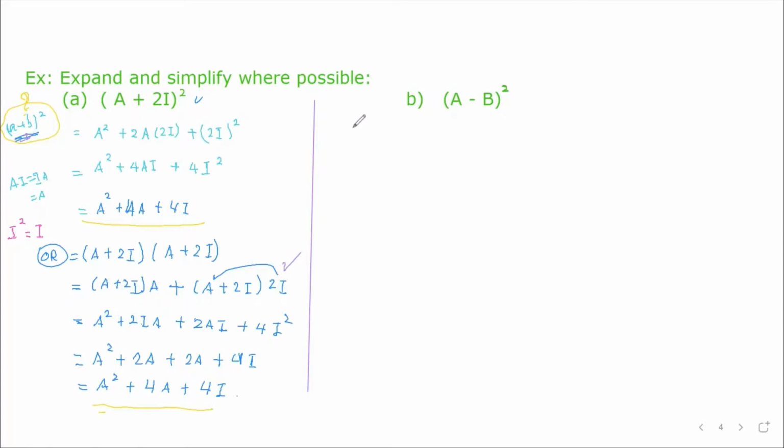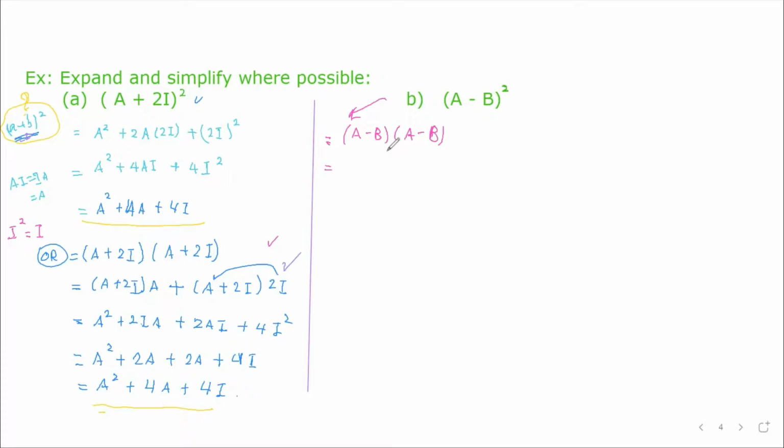Again we can use the same idea, right? So the solution is going to be (A minus B) times (A minus B), because this means two matrices multiplied with each other.